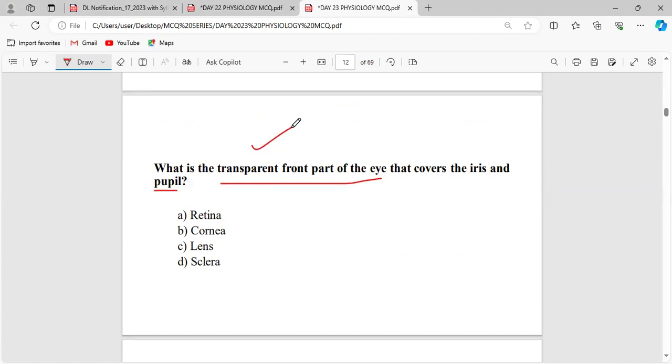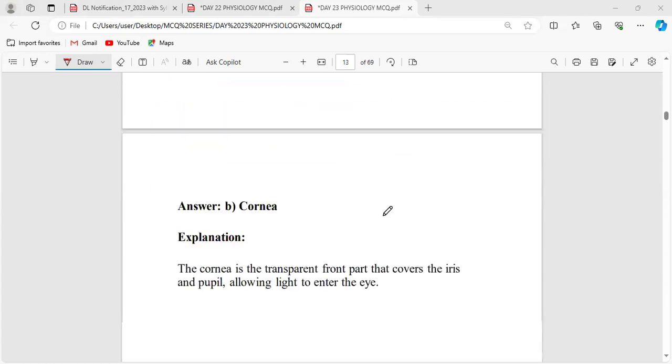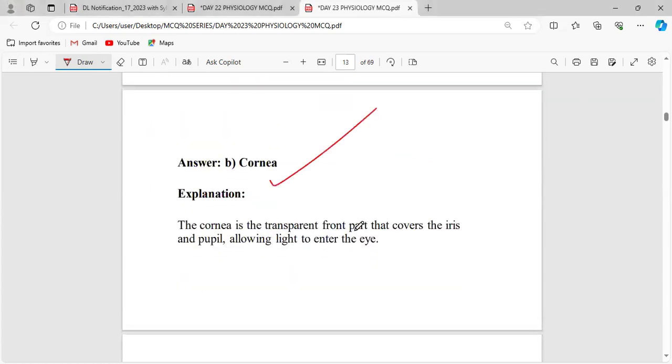The transparent part of the eye that covers the iris and pupil is the cornea.